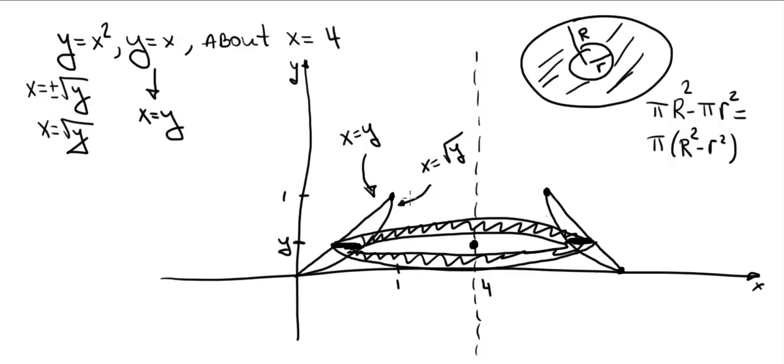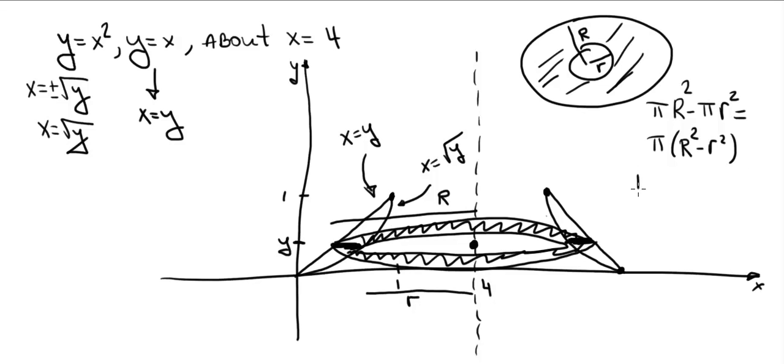We need to express the big radius and the small radius of this washer that we just generated as a function of y. Now always go back to the original region. The big radius is right over here, this distance. Let's call that capital R. And the small radius, let's say, is this distance up to here. Let's call it little r.